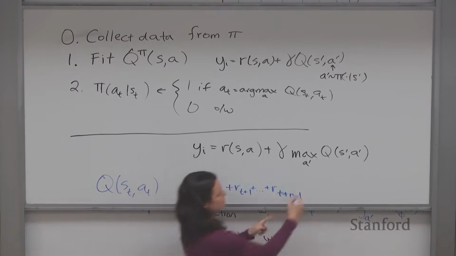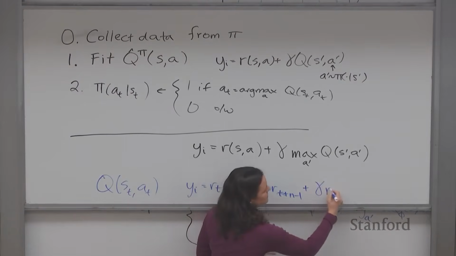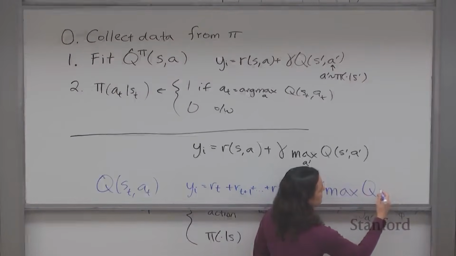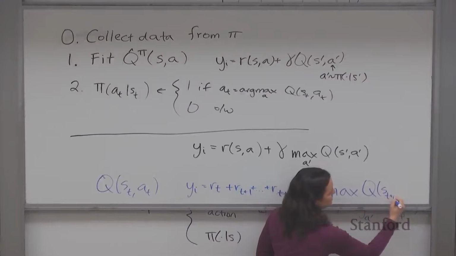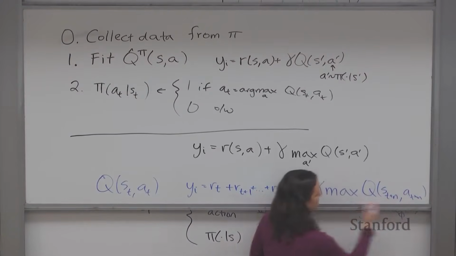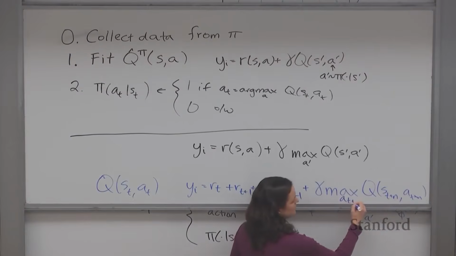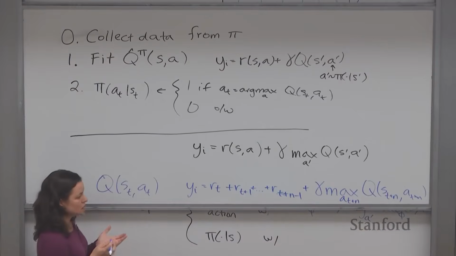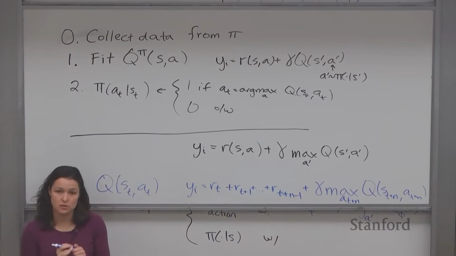And then at the time step after that, use the max of Q of s_{t+n}, a_{t+n}, where this maximization is over a_{t+n}. So this is what n-step returns could look like for Q-learning.